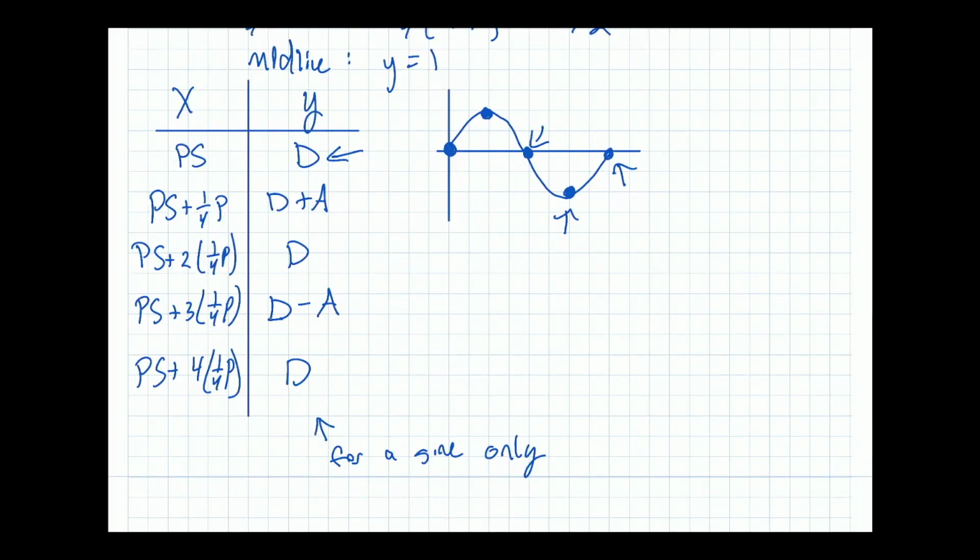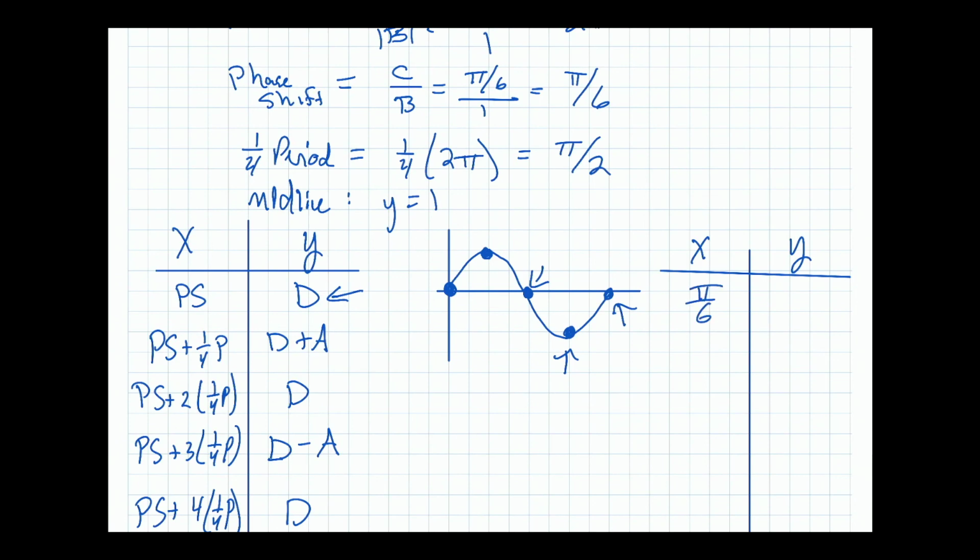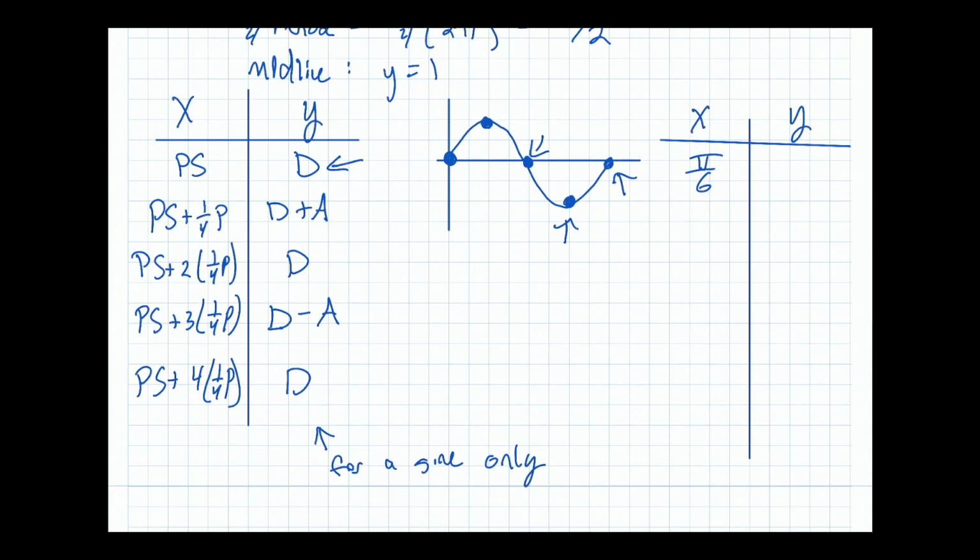Okay? So for us, what's our table look like? Our table is going to look like this for this problem. So we're starting at the phase shift. What's the phase shift? Pi over 6. Next one is pi over 6 plus a quarter period.